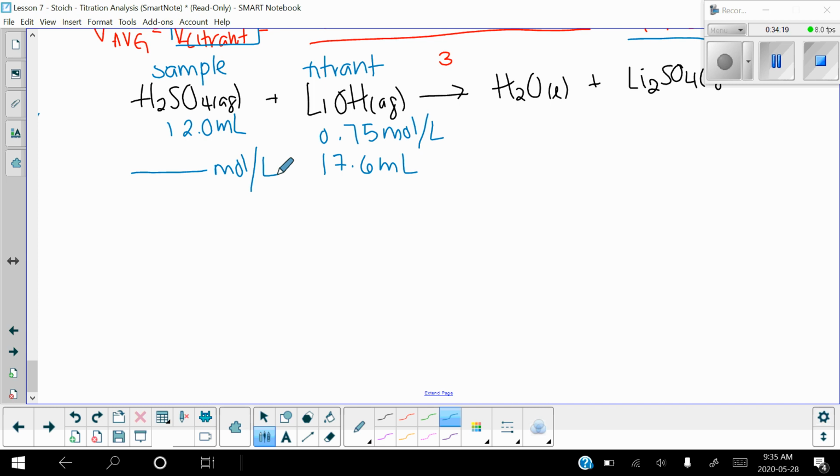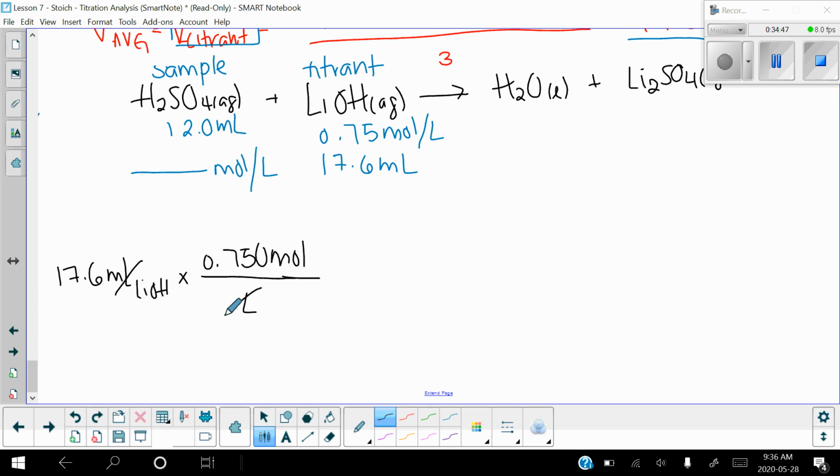Lovely. So now from here, we're going to set up our Stoich. We start off with our volume, 17.6 milliliters of lithium hydroxide. I then use my molar concentration to convert this into moles.